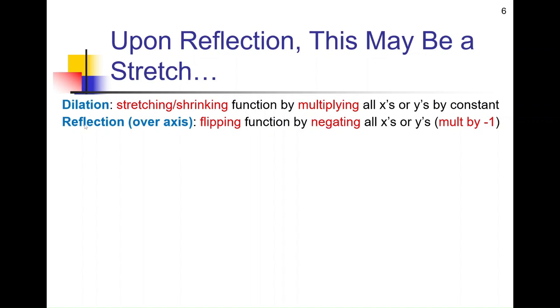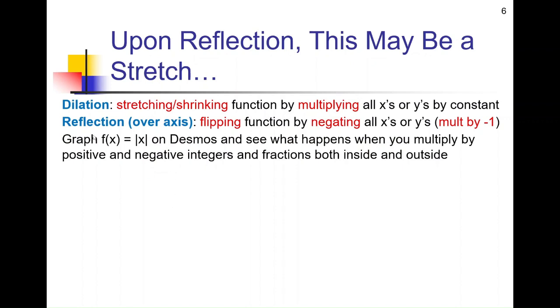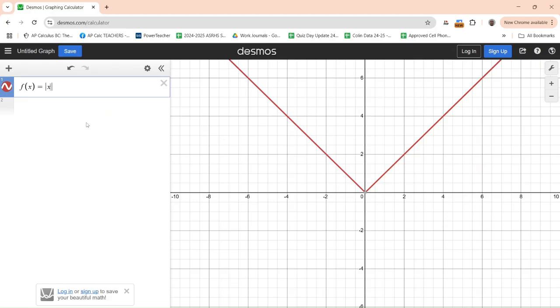So, for just dealing with these two things, go back to Desmos with absolute value of x, and let's see what happens when you multiply by both positive and negative integers and also fractions inside and outside this absolute value. So mix up the numbers, throw some fractions in there, give it a shot.